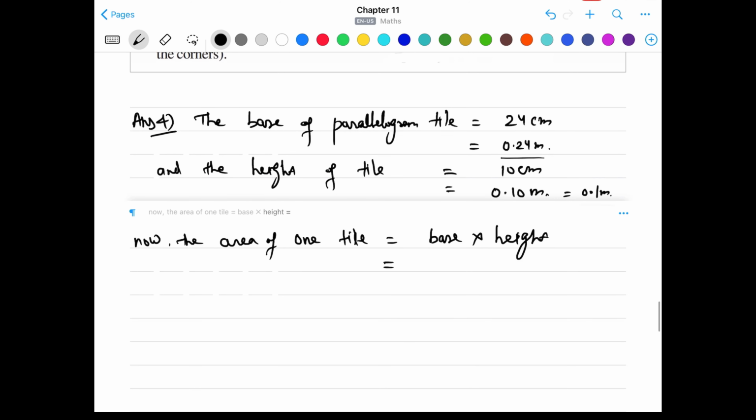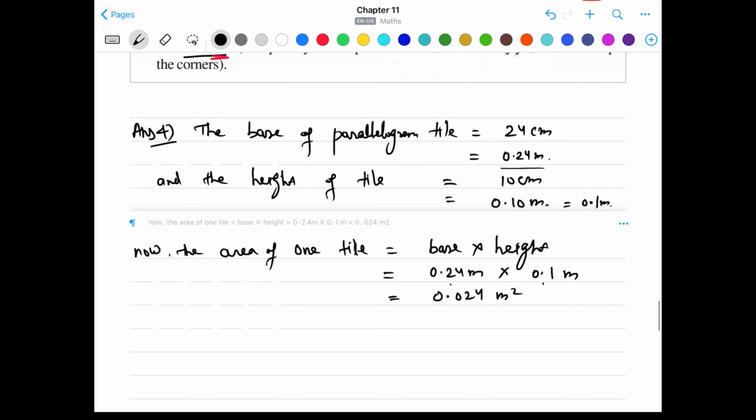Base here is 0.24 meter, while the height is 0.1 meter. So we'll multiply the two. This 0.24 meter into 0.1 will result in 0.024 meter square. So that's the area of one tile.